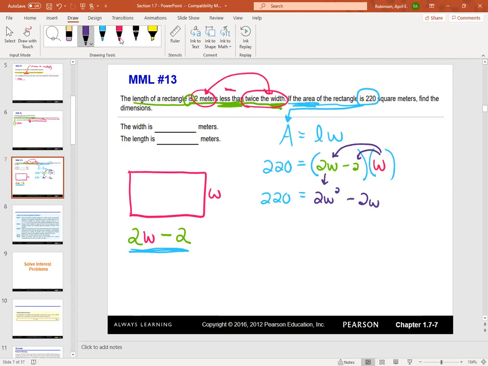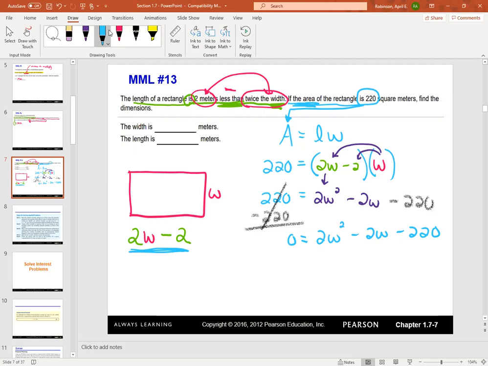Fun times. All right, so I'm going to subtract the 220 from both sides. Cancels out here. That leaves me with 0. And then I'll just have 2W squared minus 2W minus 220. Now, before I attempt to factor, I'm going to do a little trick.